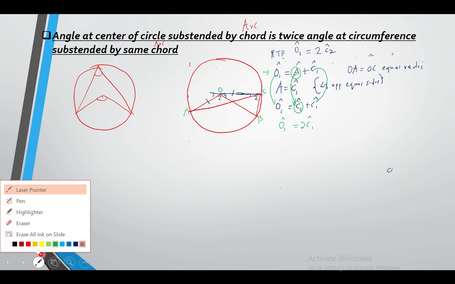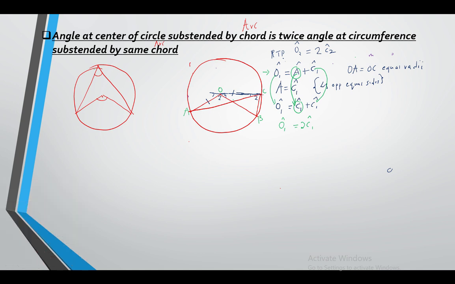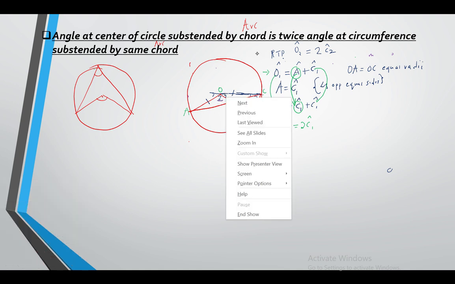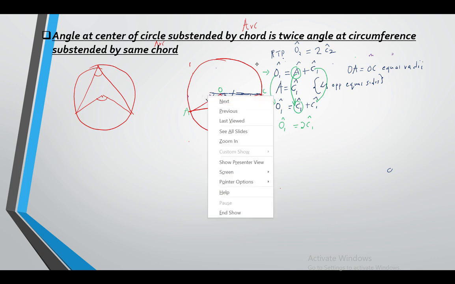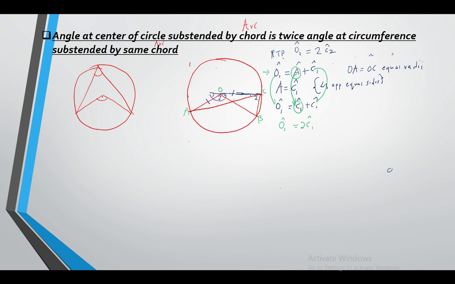is in this case, your exterior angle is made up of O2 and O1. The sum of O2 and O1 is the exterior angle of which triangle? Of this triangle COB. Let me show you the triangle.